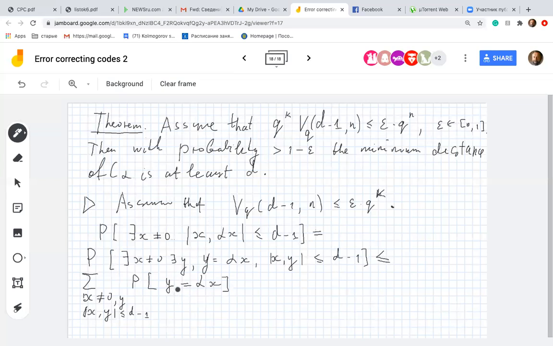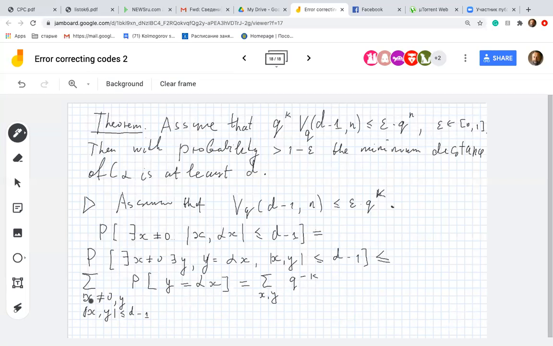Here we use that x is different from 0. So this is equal to the sum over all such x and y of q to the minus k, because alpha is chosen with uniform distribution among q to the k elements.